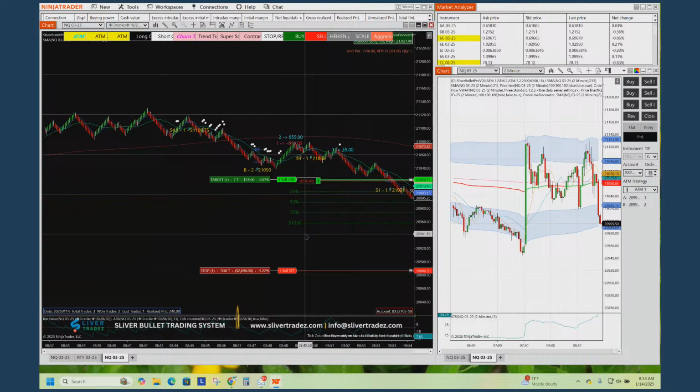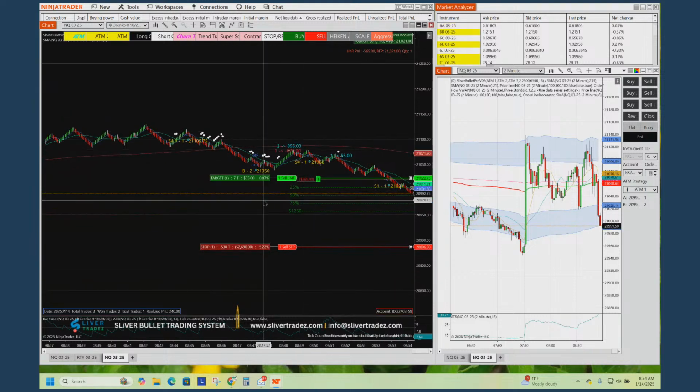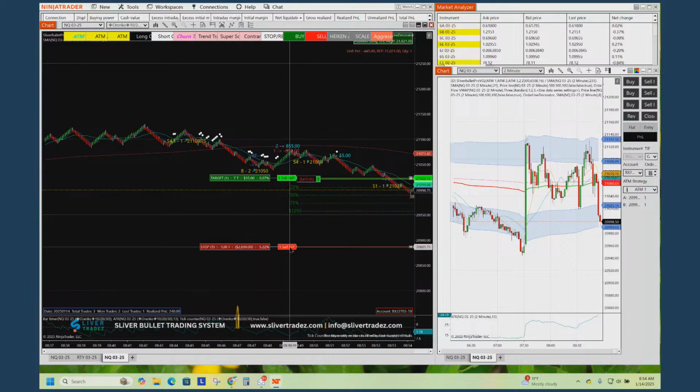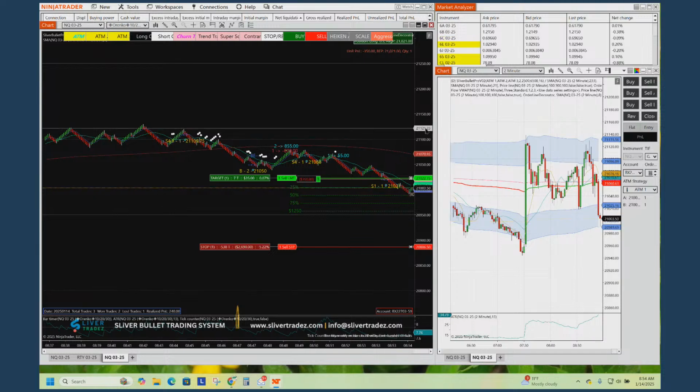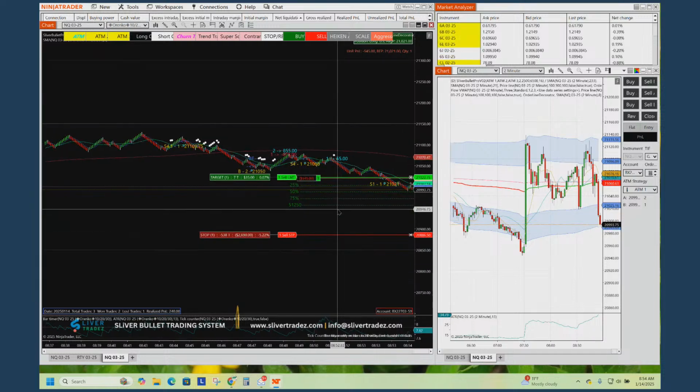So now I think the characteristic is changing. I'm going to be careful. It doesn't look like a long market. We will grab liquidity and go back up. I'm not liking it.